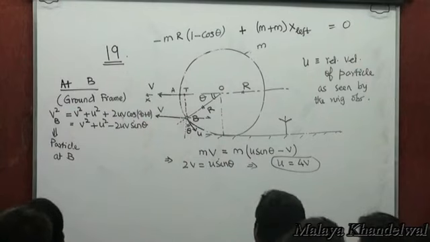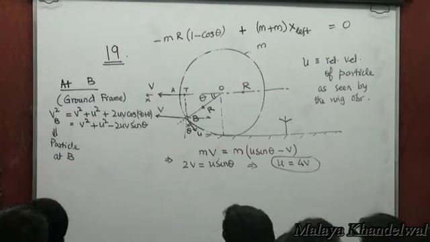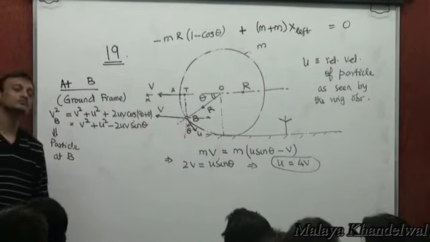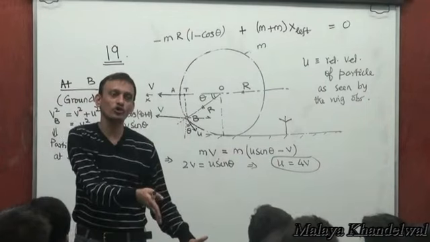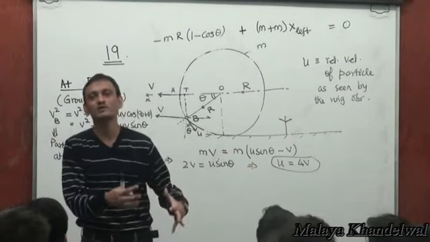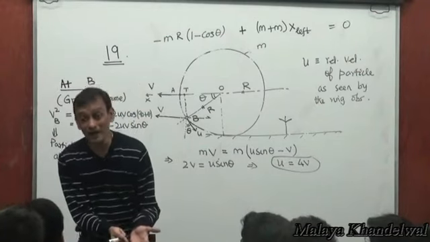And now between A and B, I can apply the work energy theorem, right? In fact, loss in potential energy because of loss of altitude of the particle must be gain in kinetic energy of the ring plus gain in kinetic energy of the particle, right?